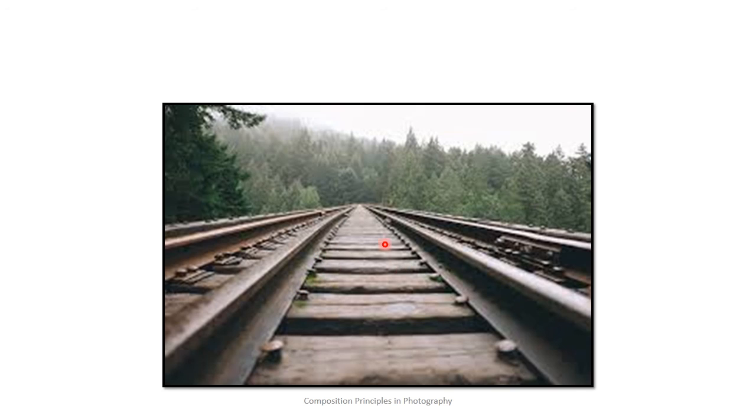These are the vertical lines and these are the horizontal lines. And remember that these are very powerful lines. We just need to understand the power of these lines, because once you understand these lines, you can produce some very, very beautiful pictures.